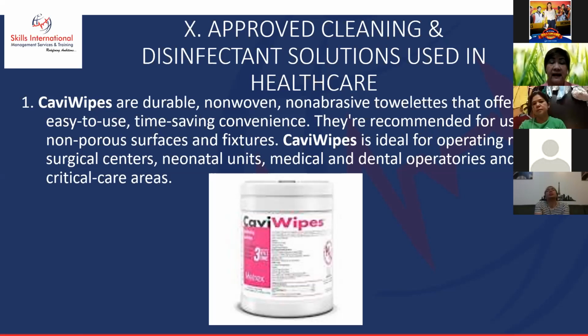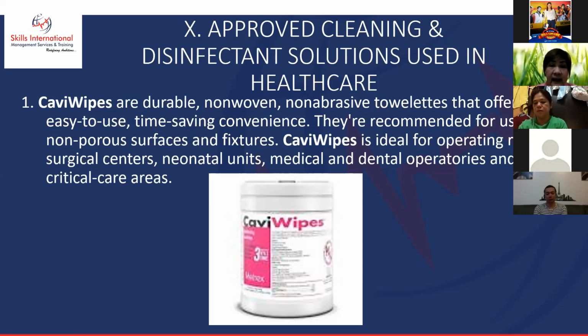Next, we have non-woven, non-abrasive towelettes that offer quick, easy-to-use, time-saving convenience. They are recommended for use on non-porous surfaces and fixtures. For the common touch areas, we are using the cubby wipes. They are just like our baby wipes.